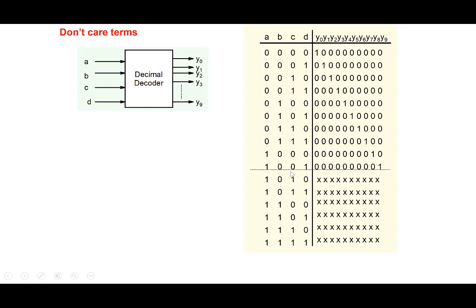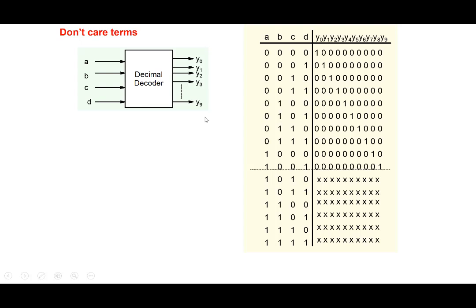And like that, 1001 is 9, so the 9th bit is 1. So you have a binary number which ranges from 0 to 9, and that's being encoded in these bits here.